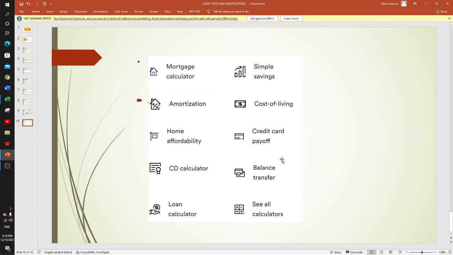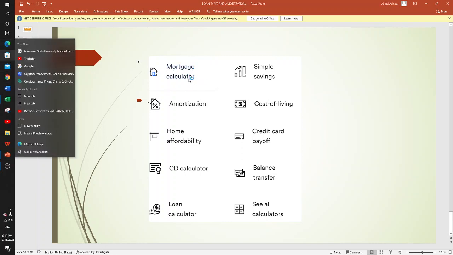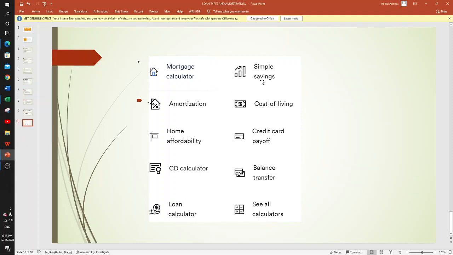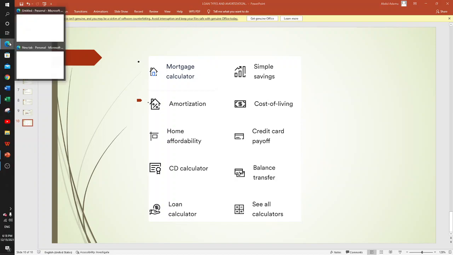If you go to this website, these are some of the things that can be done on it. You can see mortgage calculator, simple savings, amortization. This is what we did just now.